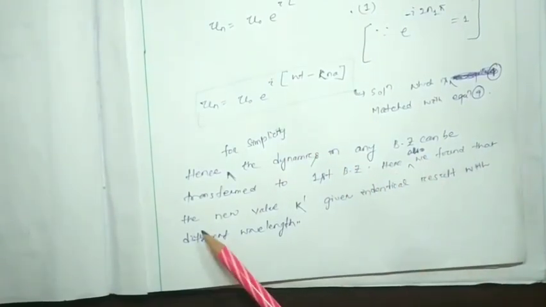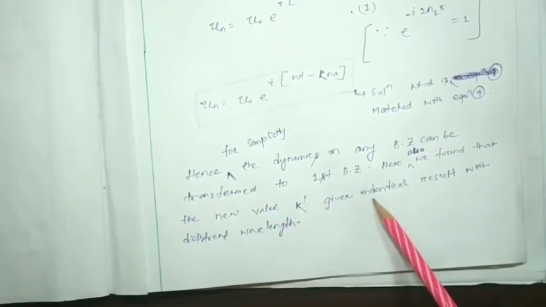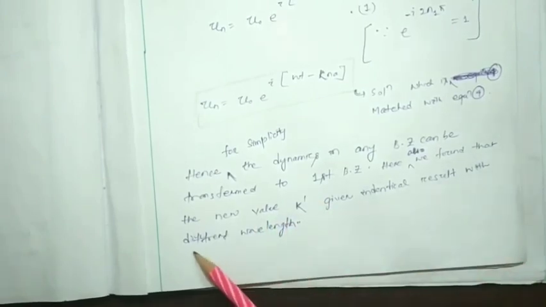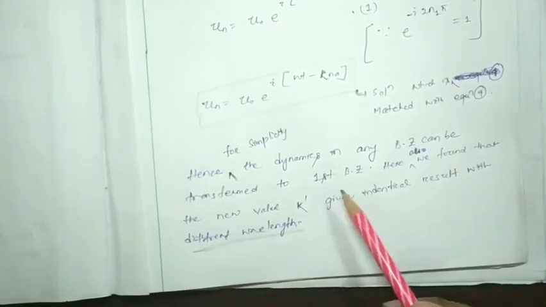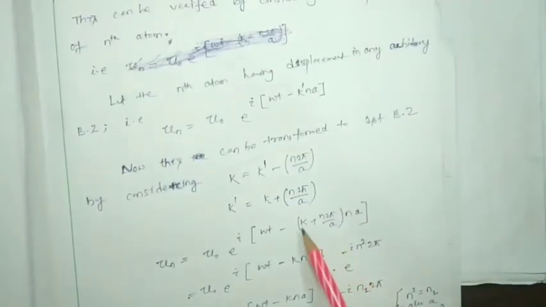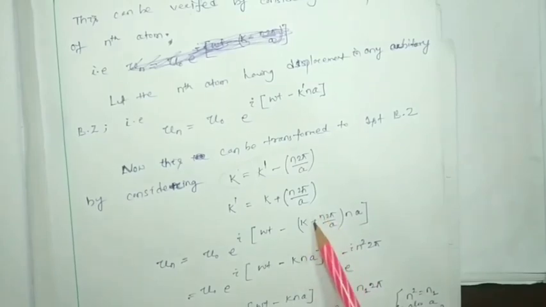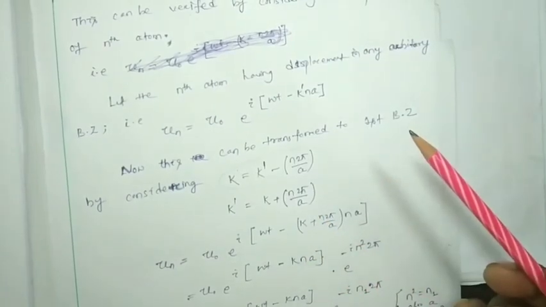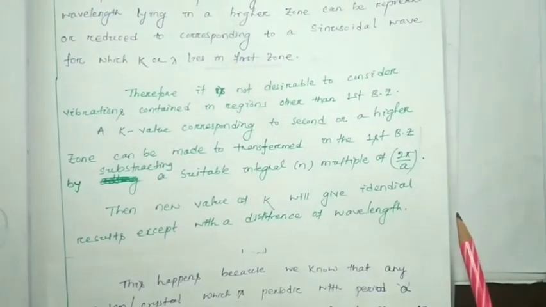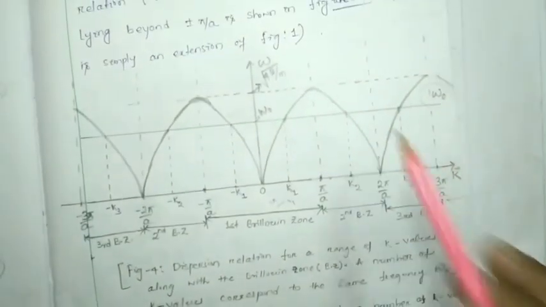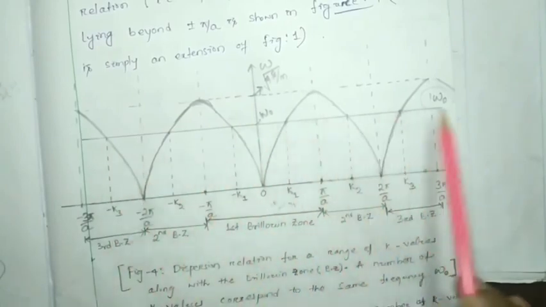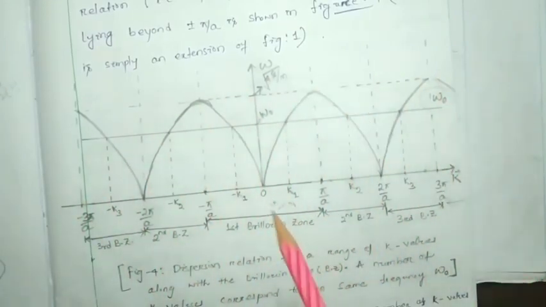Here we found that the new k dash gives an identical result with a different wavelength. Here we applied k dash n a, so k dash means a different wavelength. Different wavelengths have the same frequency, which is what it is representing in this figure.